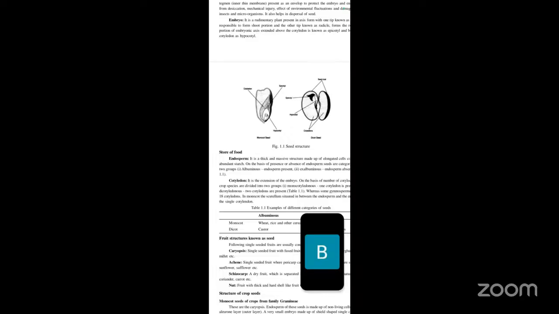Seed gene banks are set up with the objective to minimize the loss of viability and genetic integrity of seed material during storage and regeneration.